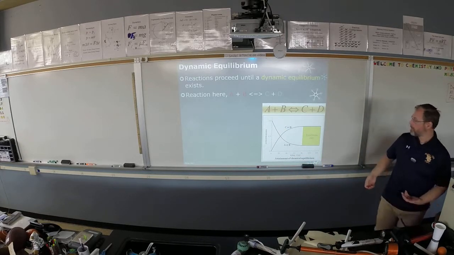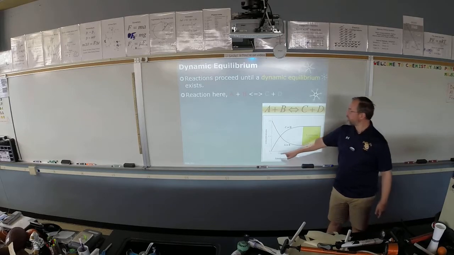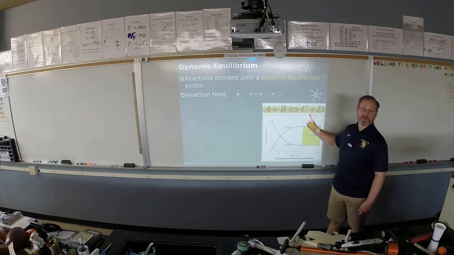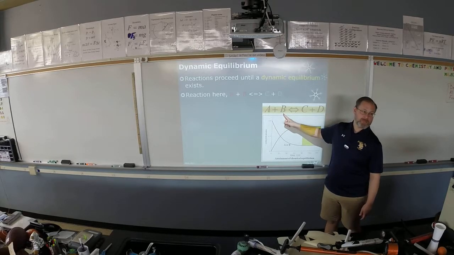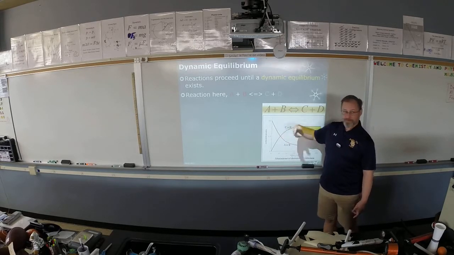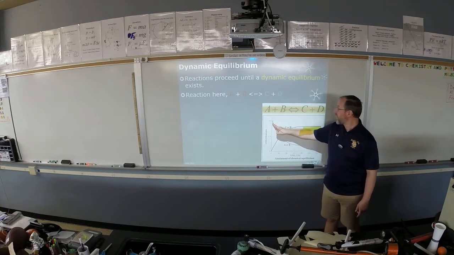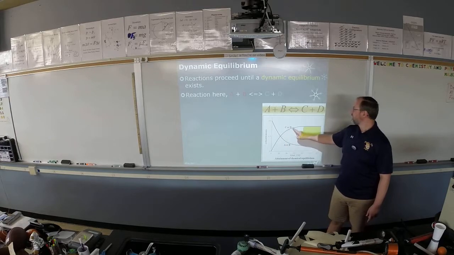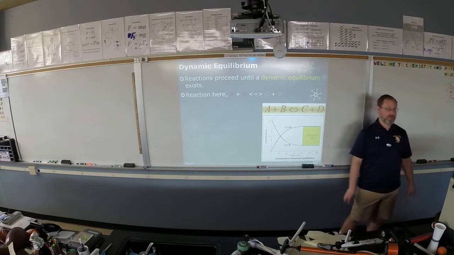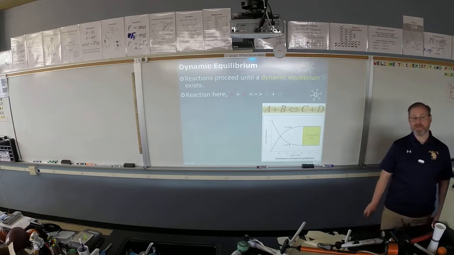So look what's going on. We're starting at time equals 0 with no C and D. And at time equals 0, we're starting with a whole bunch of A and B. And as time progresses, the A and B gets used up, and the C and D get made.